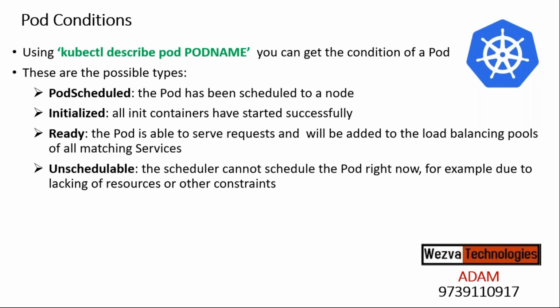Sometimes, before even running your main container, there could be a problem in the init container and your pod is getting recreated or stopped. Then when you do kubectl describe on the pod, you will get this message, and you have to understand: the problem is not in your main application or main container, the problem is in the init container.